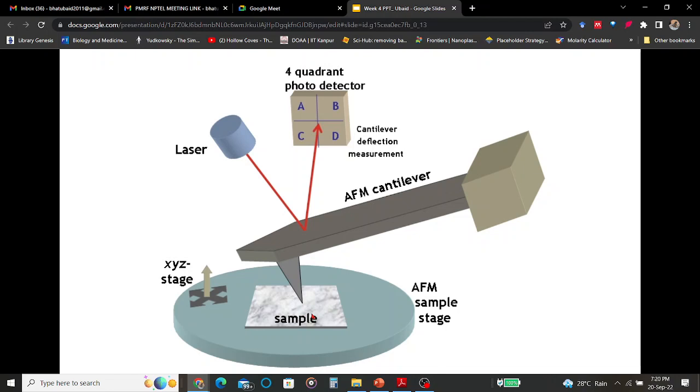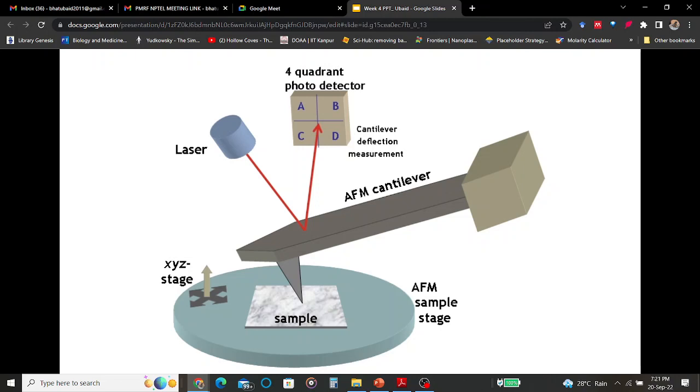When there is a deformation in the surface, there is a movement in the cantilever. Lasers are irradiated on the cantilever and detected by detectors. Because of the movement of the cantilever, there is a deflection in the laser light.